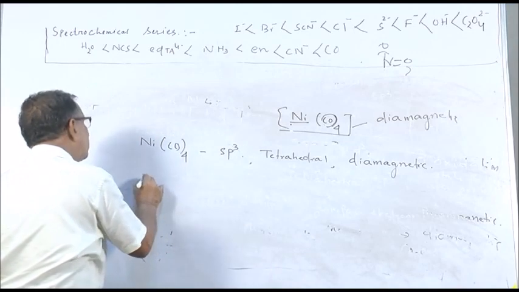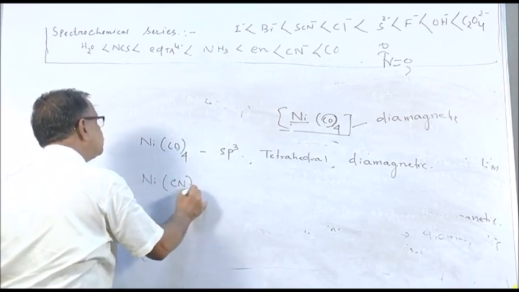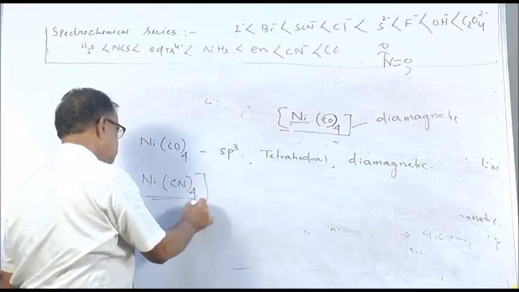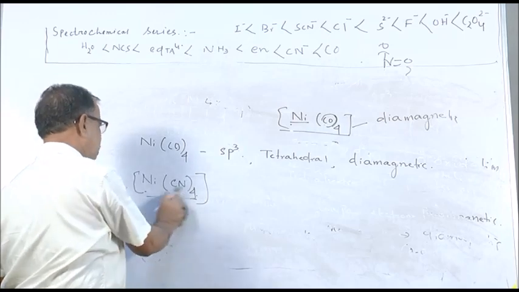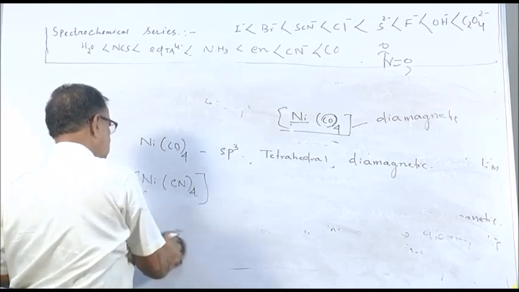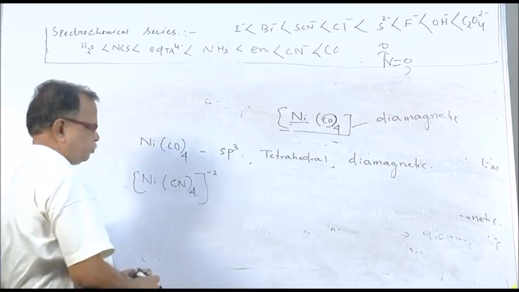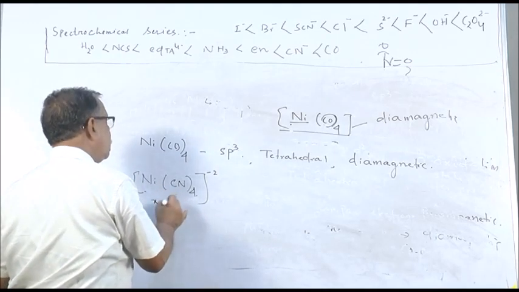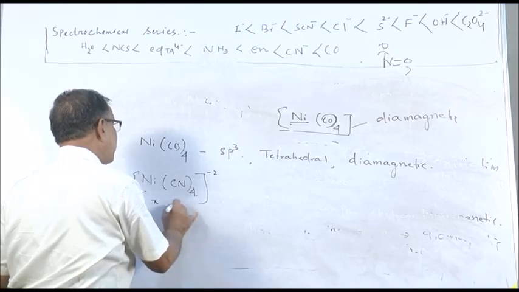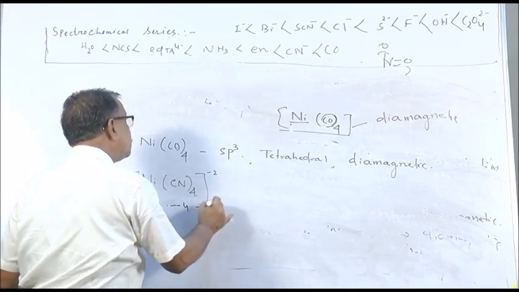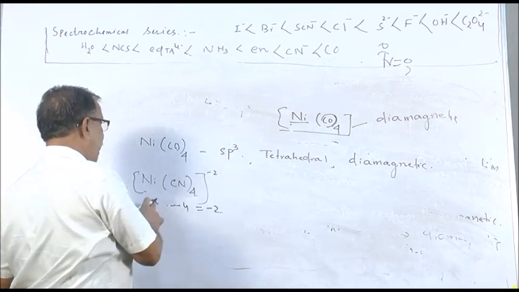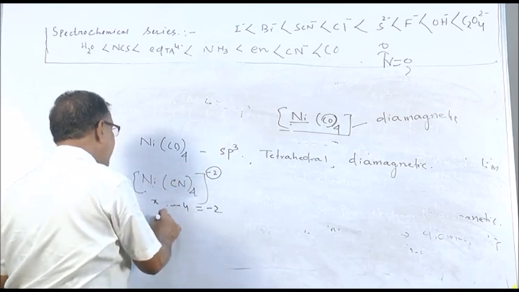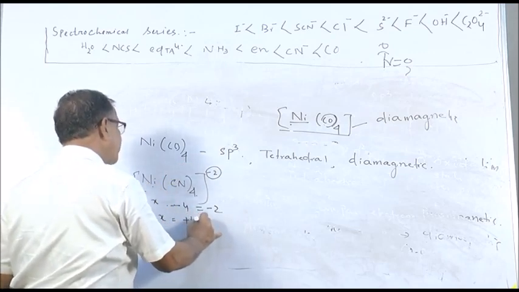Now we discuss Ni(CN)4, the complex [Ni(CN)4]2-. What happened? Let us find the nickel oxidation state: x plus 4 times (CN, minus 1) equals minus 2, so x minus 4 equals minus 2, and x will be plus 4 minus 2, equal to plus 2.